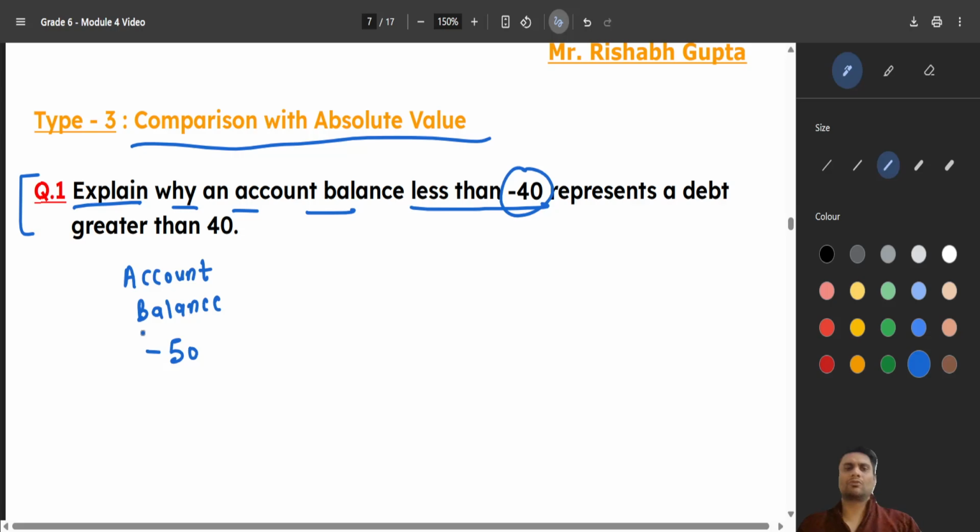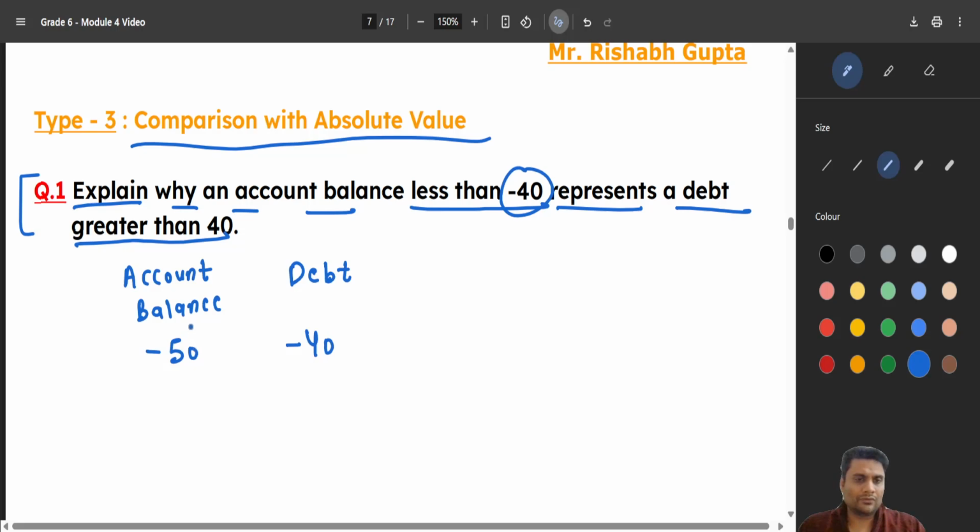So okay, let's say my account balance is -50. Now I have a debt of how much? 40. So a debt of 40 means -40. Prove that having an account balance less than -40 is a greater debt than 40.